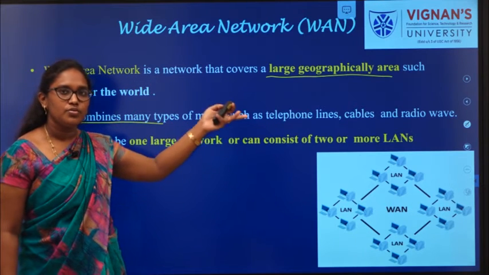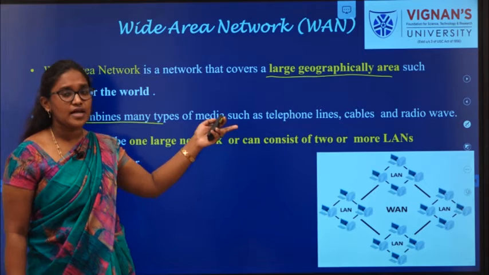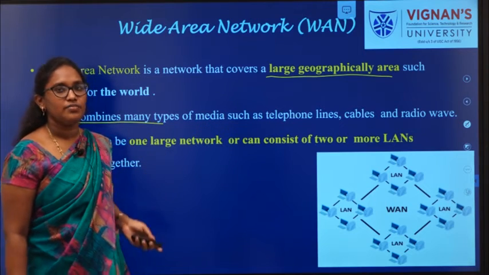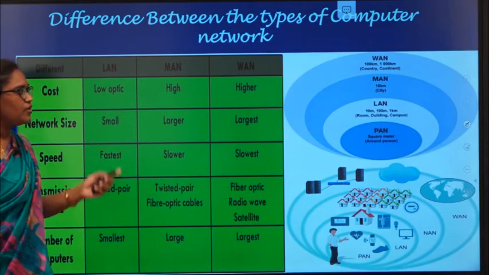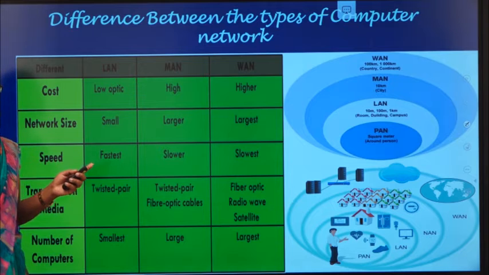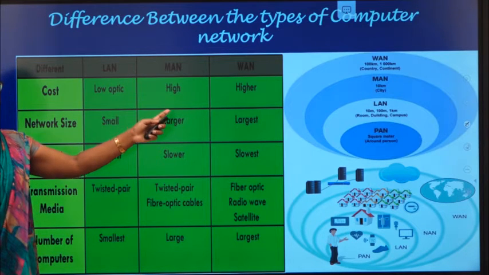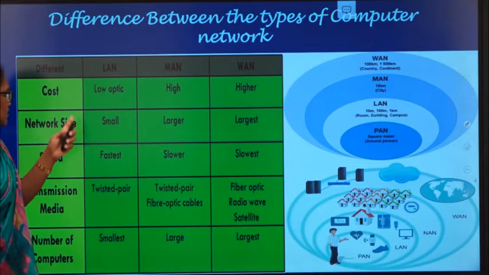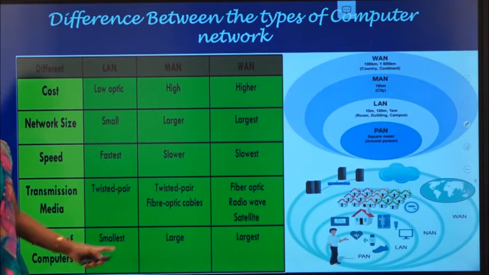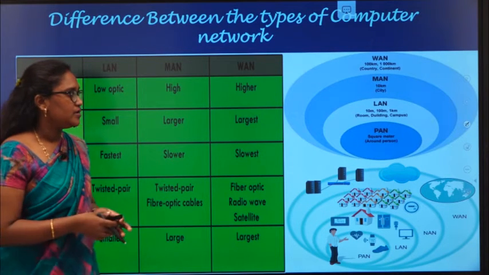Either it may be wired, or it is completely wireless communication. So if you observe the differences between local area network, metropolitan area network and wide area network, these are the respective things you have to keep in mind.